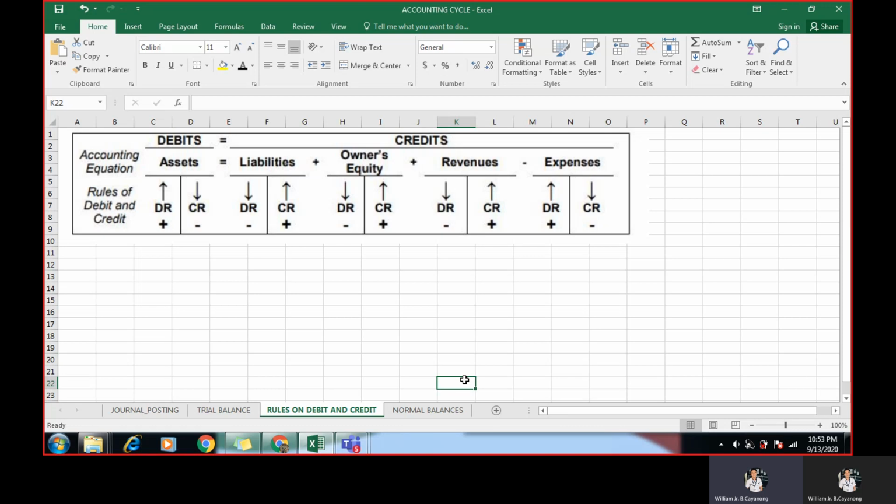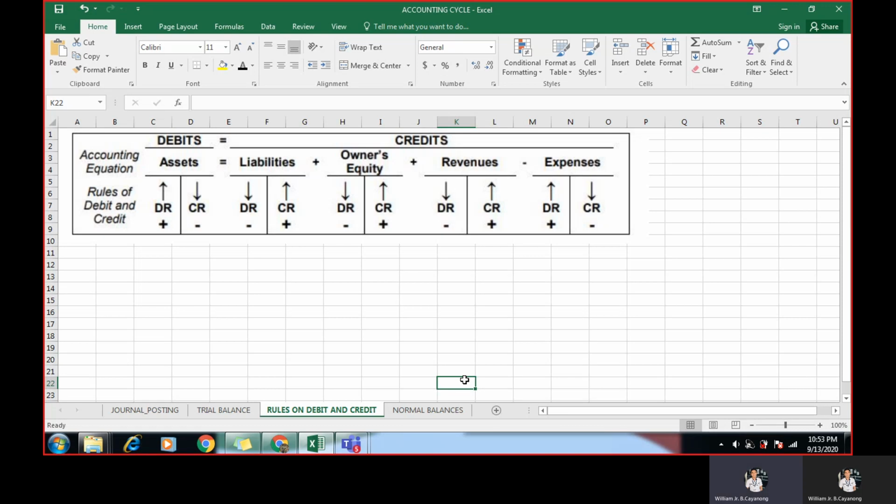Now, the rules for this: the system of analyzing effects of transactions and recording them in terms of debit and credit is known as double entry bookkeeping. Debit came from the Latin word debere, and credit from the Latin word credere. These are simply the accountant's word for left and right.